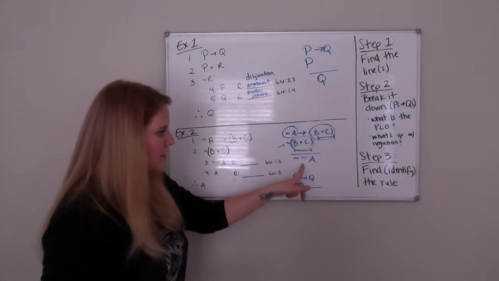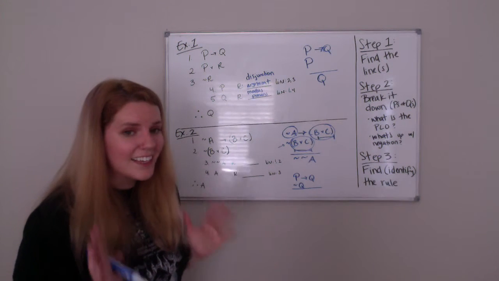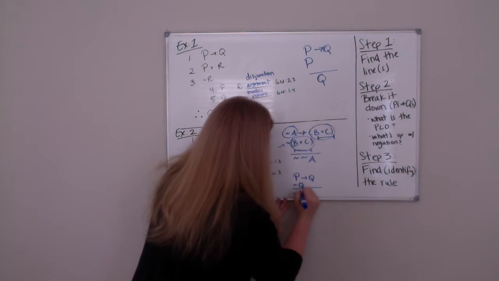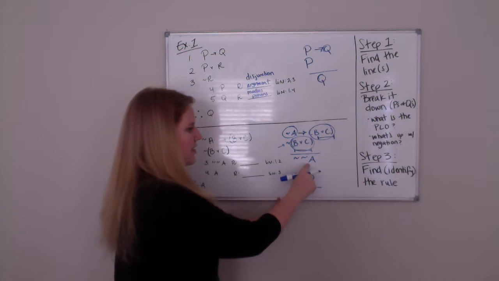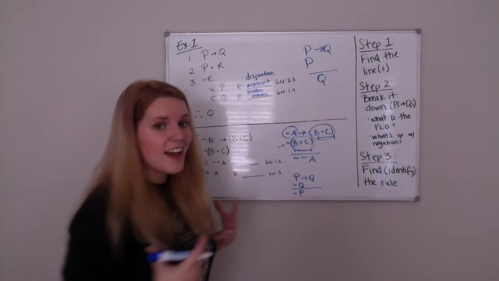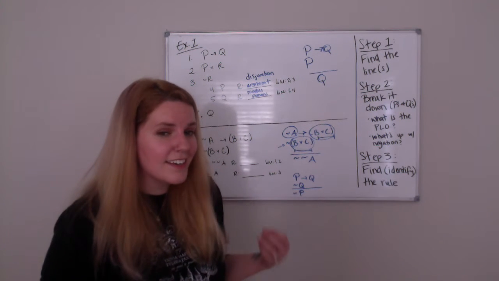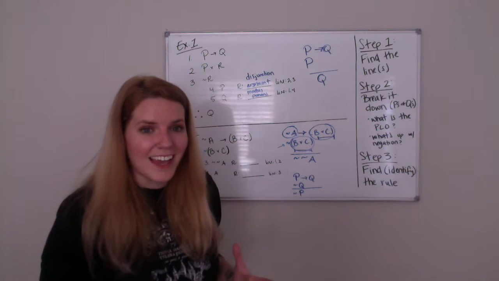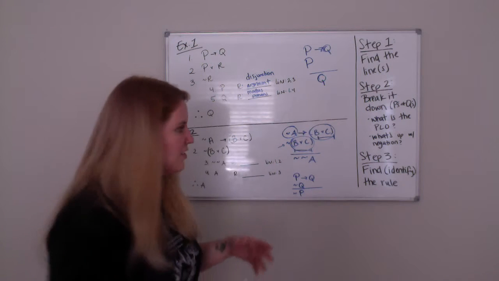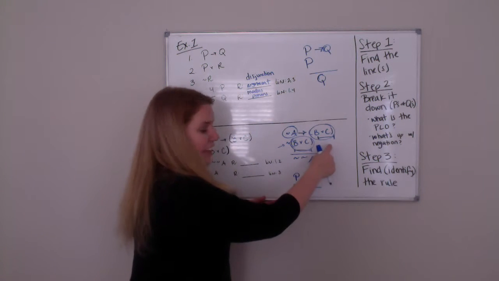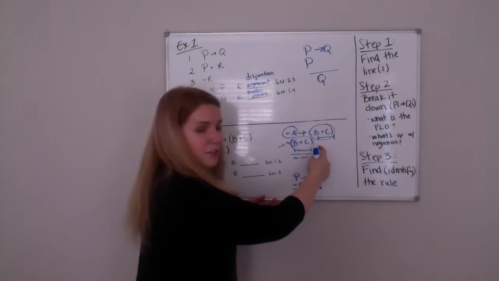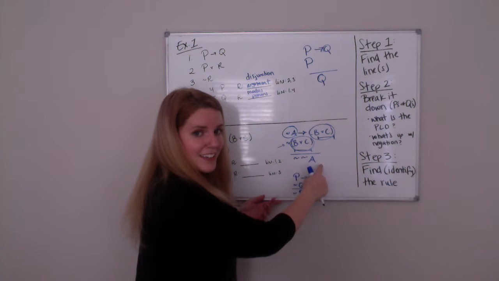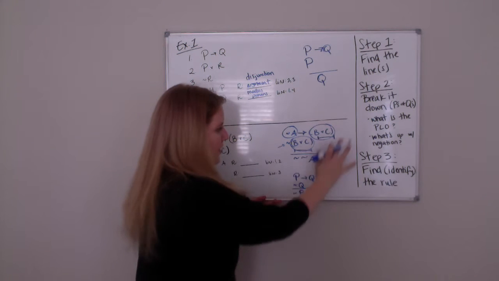And we know that it allows us to infer the negation of the antecedent, because it says not A. The antecedent is not A, and we're getting the negation of the antecedent, which would be not A. So we have a conditional claim, the negation of the consequent, and we're saying that we can infer the negation of the antecedent. Now this is all very complicated.